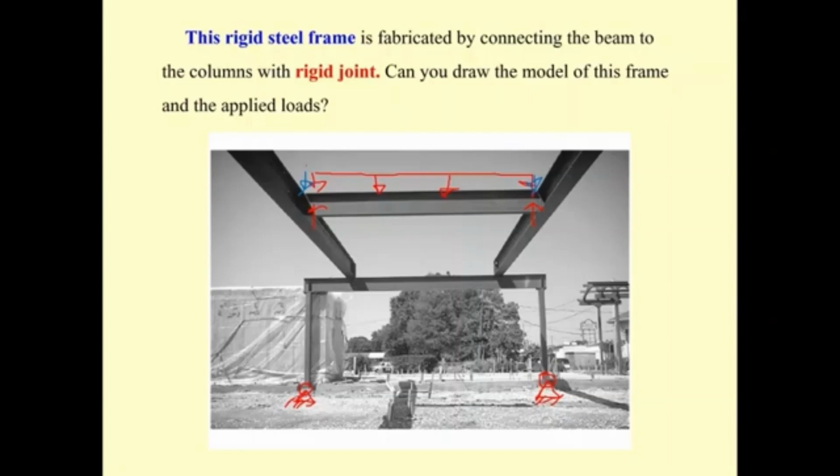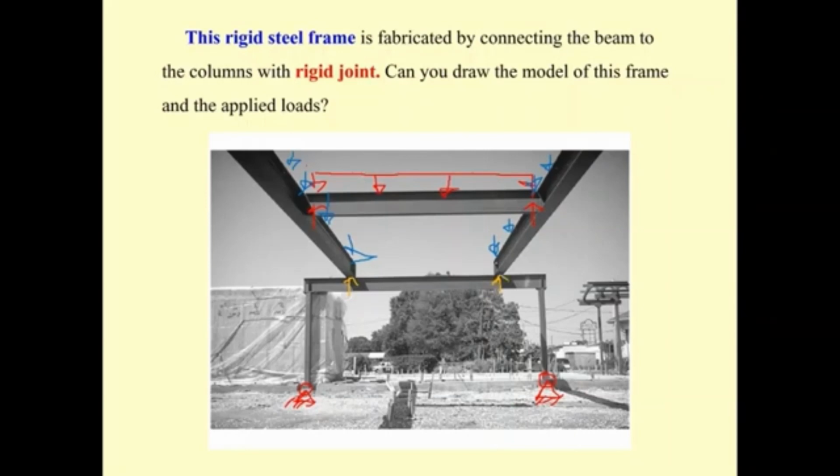This beam may also be subjected to uniformly distributed load along its length, and this one is also subjected to uniformly distributed load along its length. And then this uniformly distributed load is going to be supported by the reaction here, and also by the reaction here.